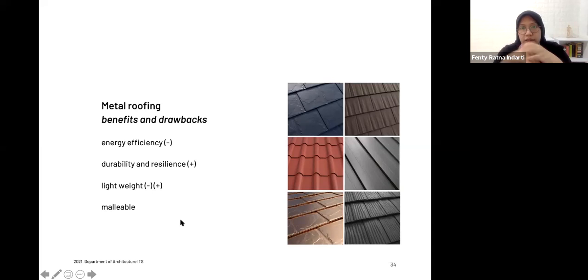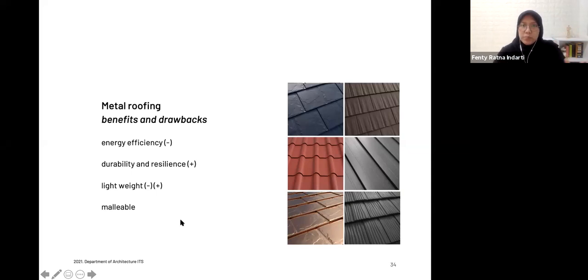That's why for the attachment, or the arrangement, of metal roofing, they always use overlap and then nail it. So you have nailing, and bolts on some of the joints. And then the last benefit is that it's malleable. Malleable means that it is easily shaped. Because it's like a sheet, you can shape it like what you have in mind.